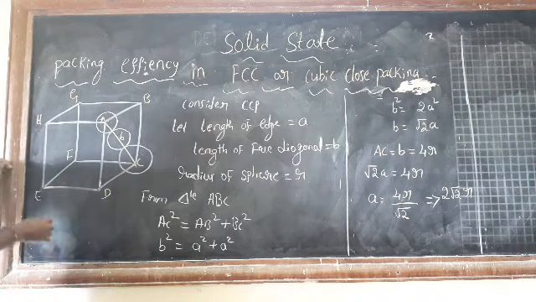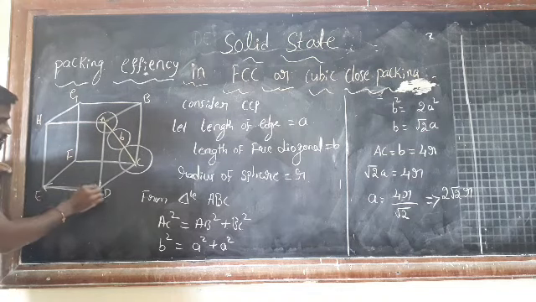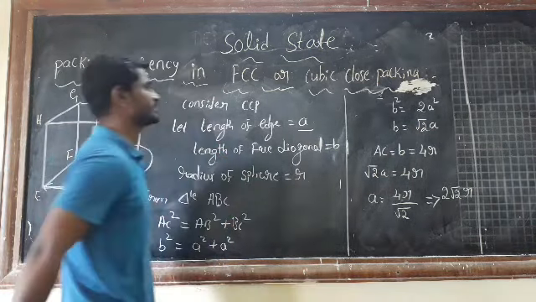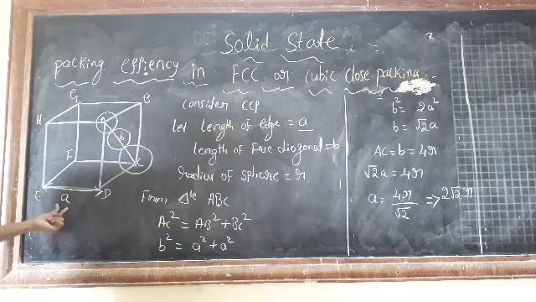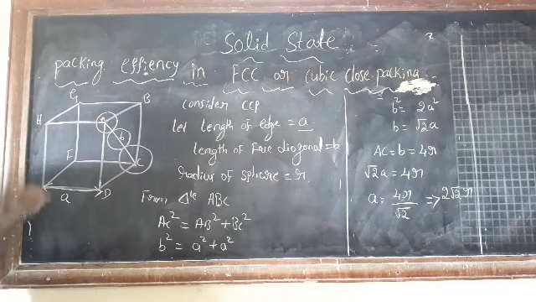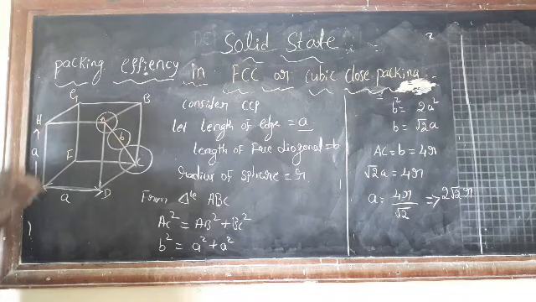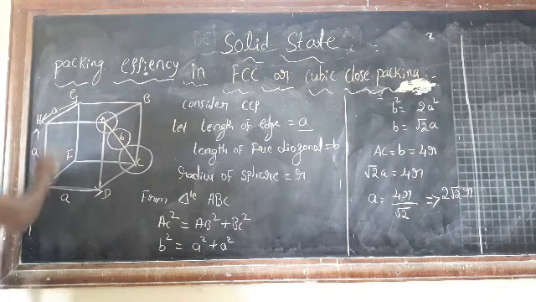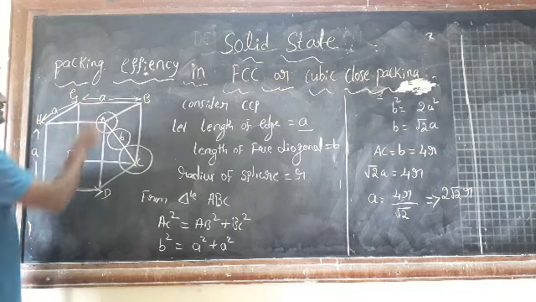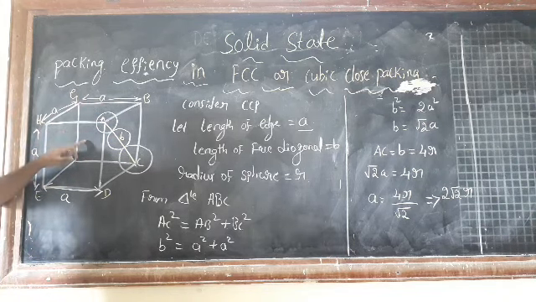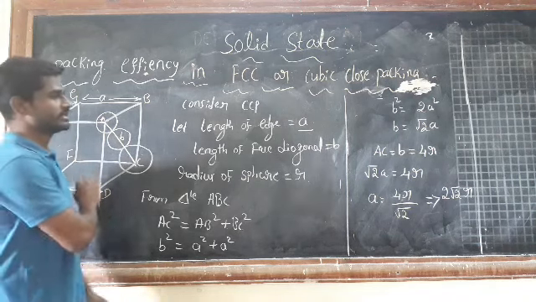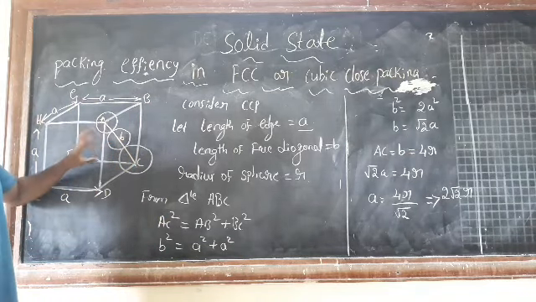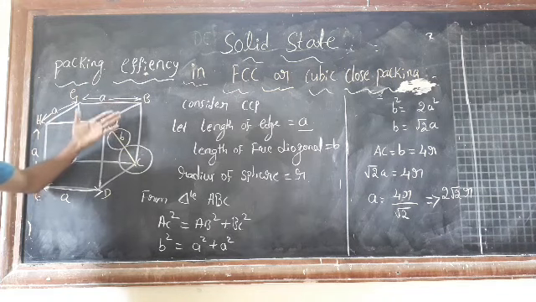Consider a CCP. Let the edge length of this FCC be taken as A. It is considered a cube, which means all the edges are equal in size, so the edge EH and the other edges also have length A. In the face centered cubic unit cell, particles are present at the corners as well as on each face.